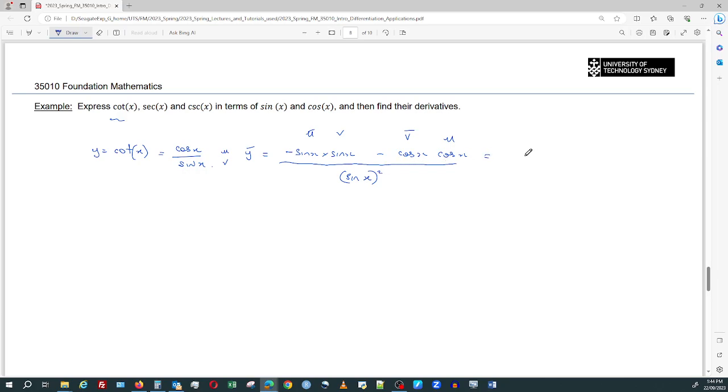So we've got, take a minus out, sine squared x plus cos squared x over sine squared x. What's this?